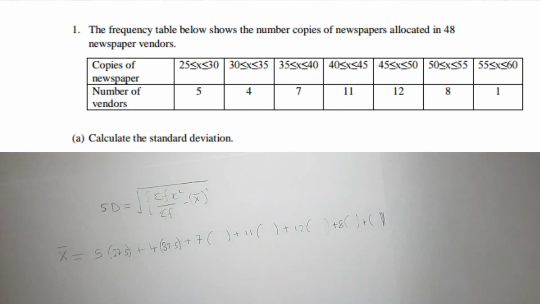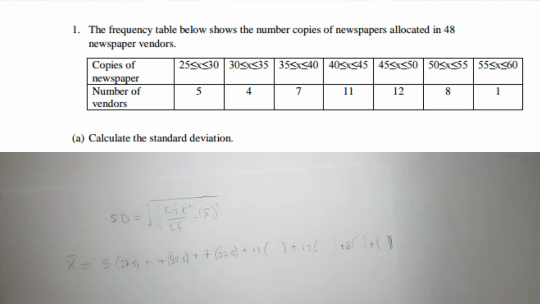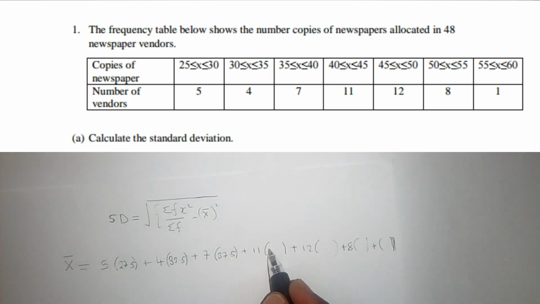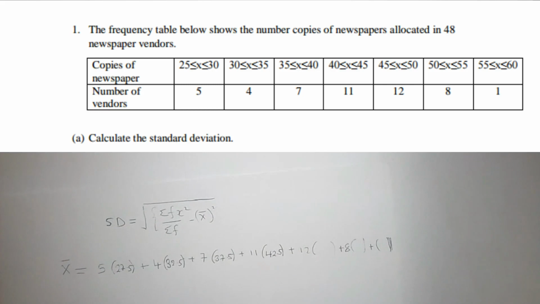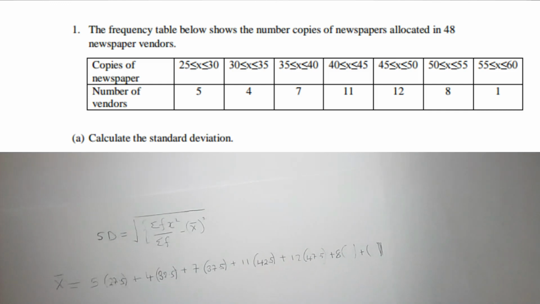35 plus 40, divide by 2, you have 37.5. The next one will be 40 plus 45, divide by 2, we have 42.5. The next one will be 45 plus 50, divide by 2, 47.5.